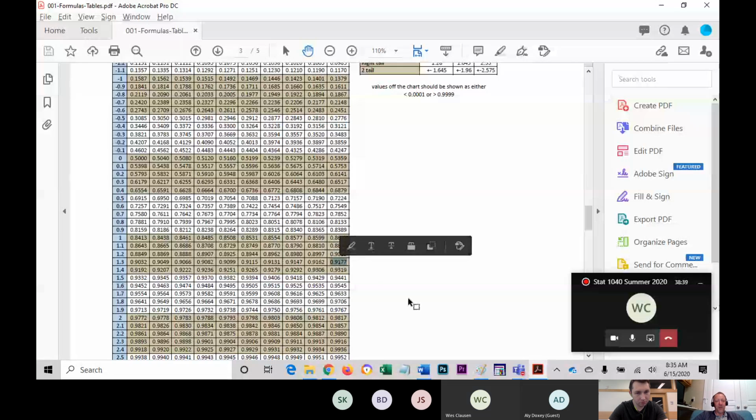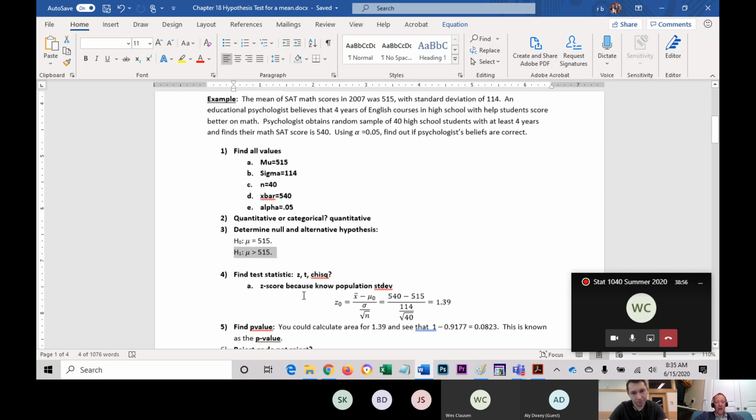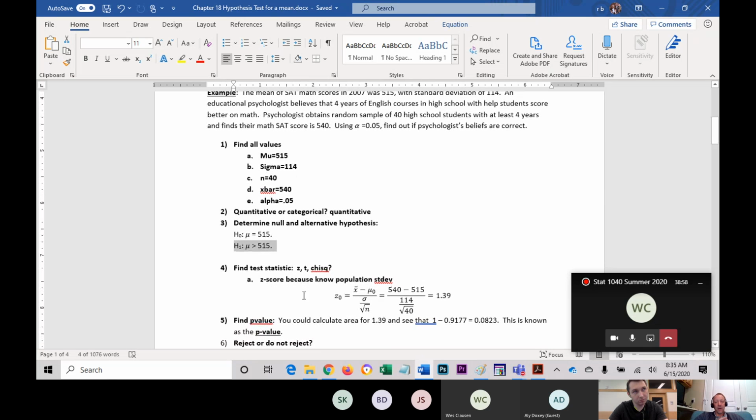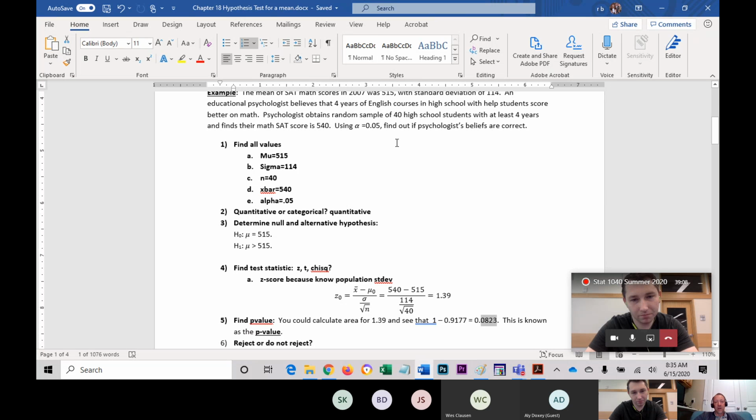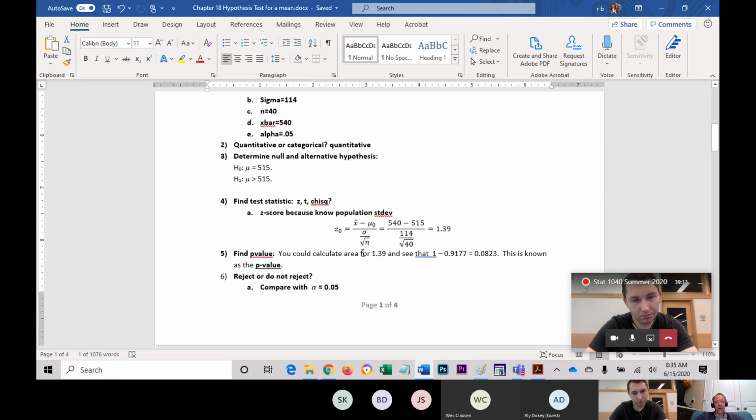Okay, thank you. 1.39, 0.9177. So that gives me the area of 0.0823. Now, do I have to double it? No, because it's a one-tailed test. Very good. So then, reject or do not reject? Do not reject, because 0.08 is greater than 0.05. We're comparing it with our alpha.